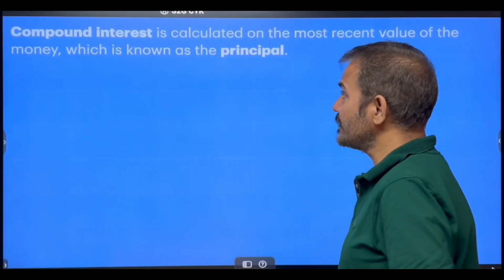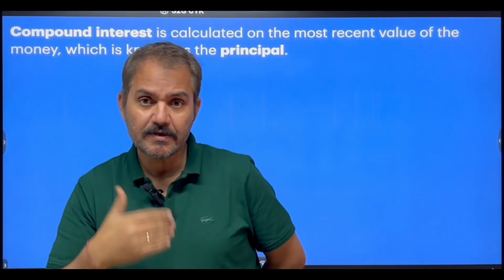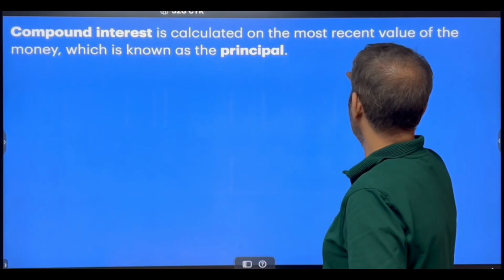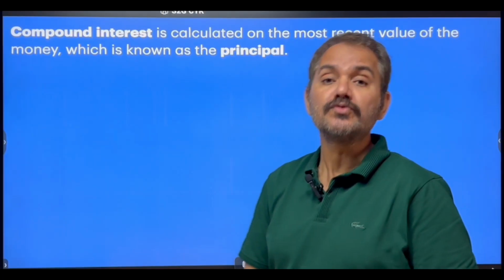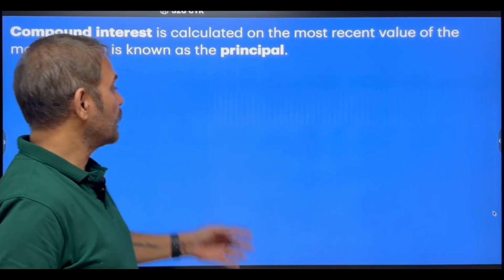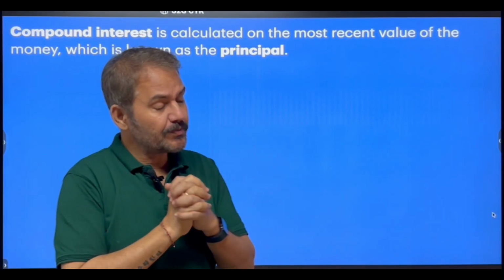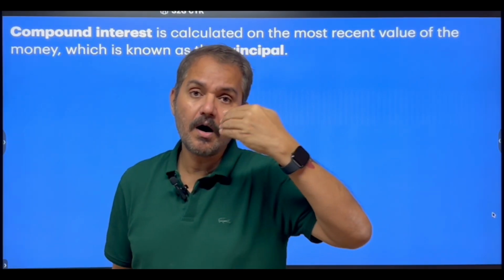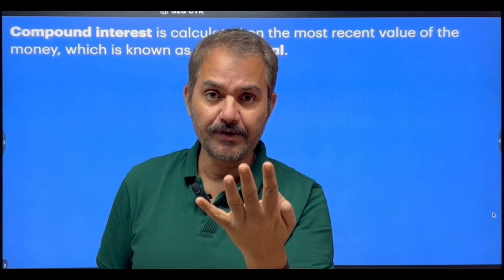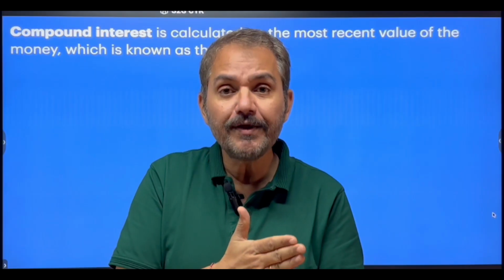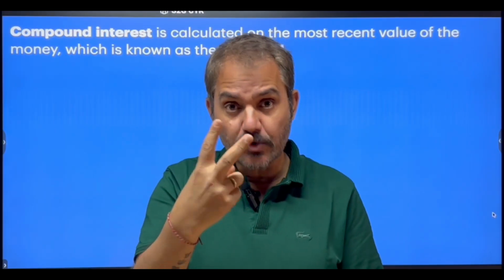What is compound interest? Compound interest is the interest that is paid or calculated on the most recent value of the money. Now, what is the most recent value of money? Let's say you deposited again $5,000 in a bank, and the bank is paying you 4% interest. So, after 1 year, you have already earned 4% of 5,000, that is $200.